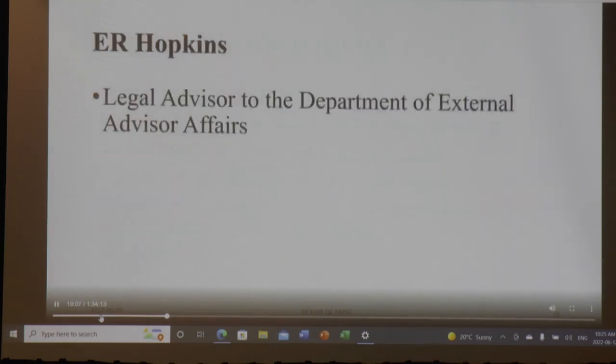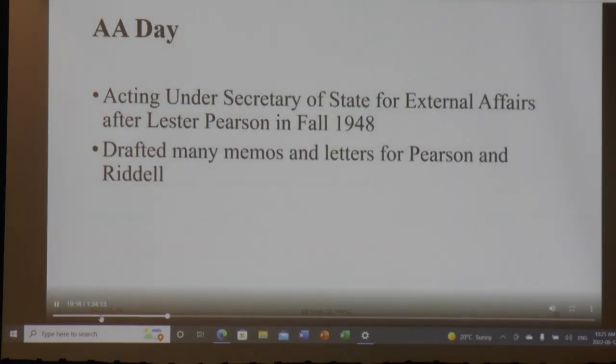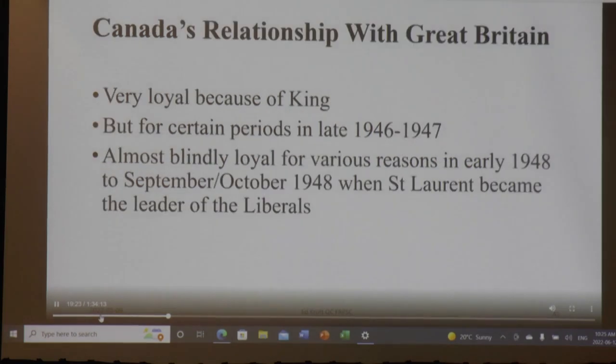He was a career diplomat and soldier. A man whom we'll see referred to is a gentleman named E.R. Hopkins, who was the legal advisor to the Department of External Affairs, and another gentleman named A.A. Day, who drafted a lot of material for Pearson and Riddell in this file.